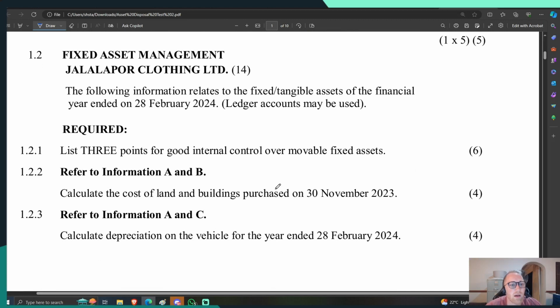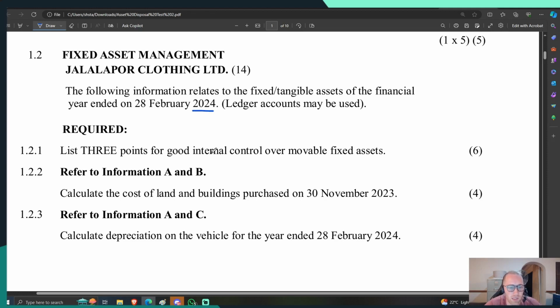1.2. Fixed asset management, Jalalpur Clothing Limited. The following information relates to the fixed tangible assets of the financial year ended 28th of Feb 2024. Ledger accounts may be used. Required.